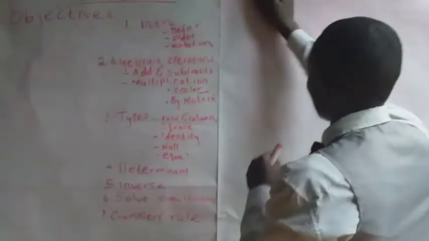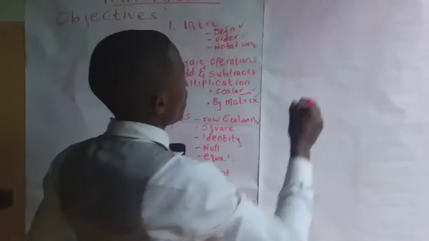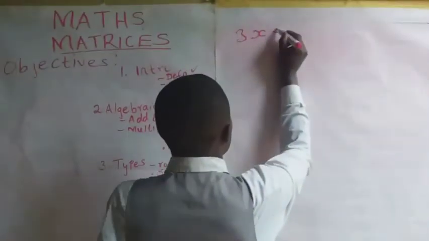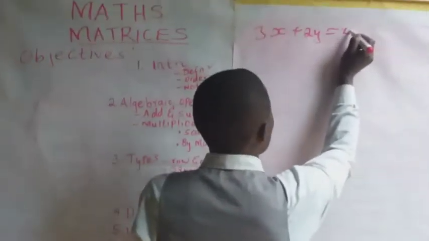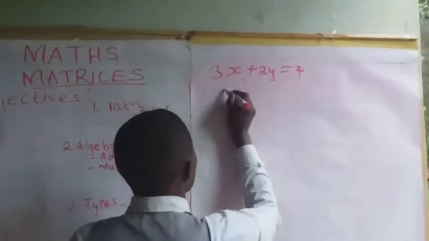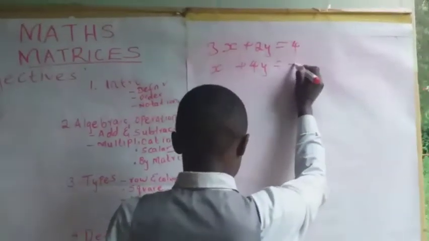So I want to solve a simultaneous equation using this matrix method, because I had told you that we can solve a simultaneous equation using the matrix method. How do we do that? Let me give you an example of a simultaneous equation: 3x plus 2y is equal to 4, and x plus 4y is equal to negative 2.